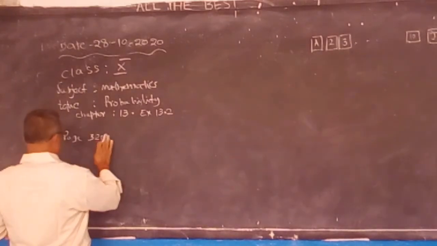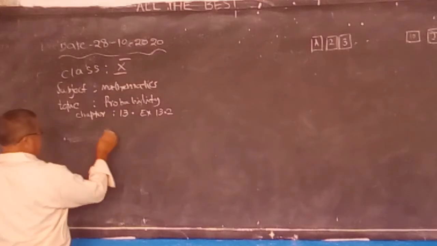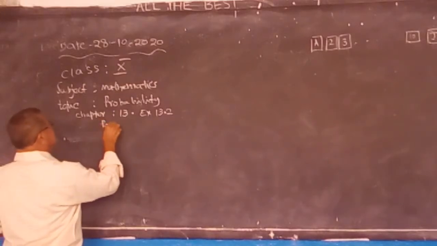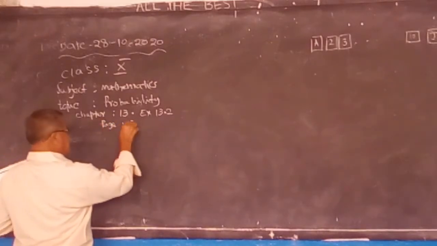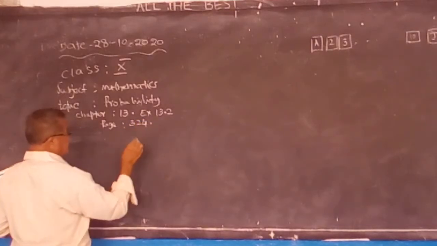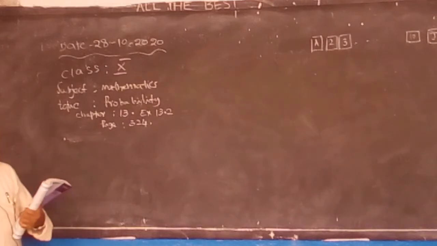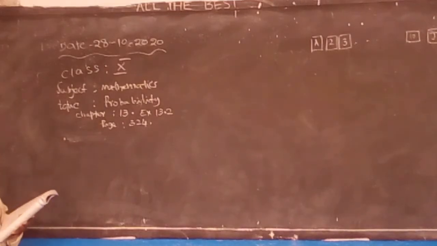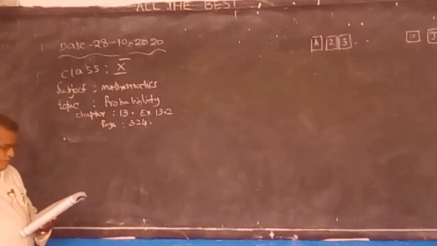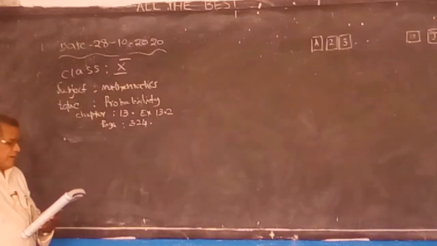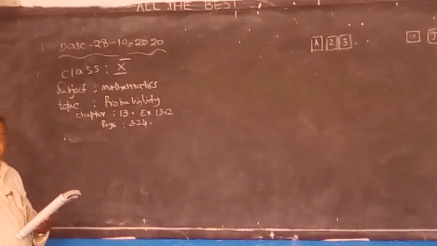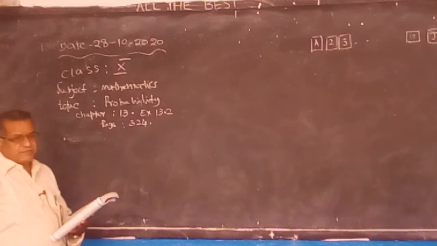Page 324. Exercise 13.2. See, easy questions. A bag contains 3 red balls and 5 black balls.